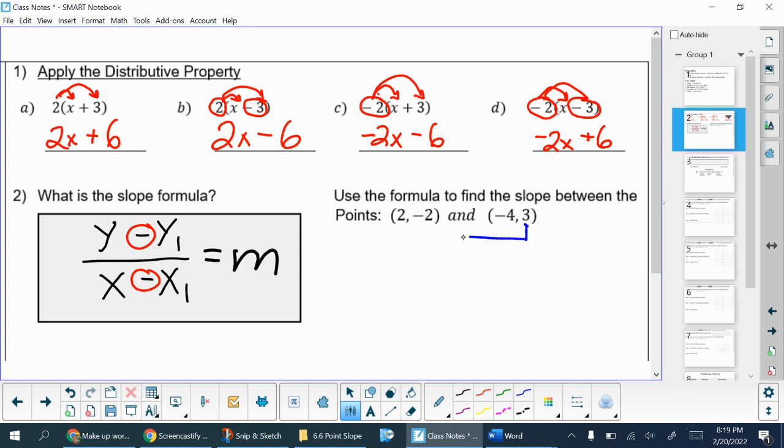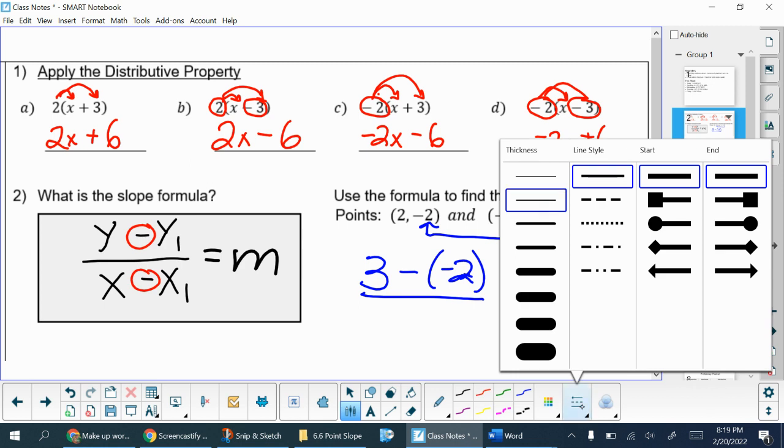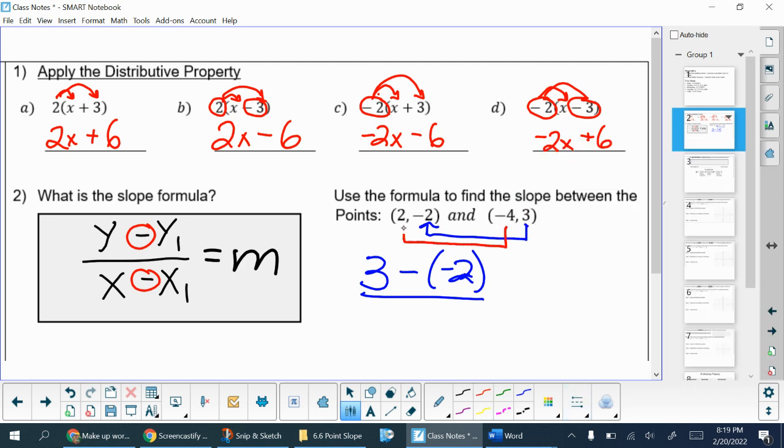So they're starting with 3 to negative 2, and that's the y. So I'm taking 3 minus negative 2. Basically, how far is it from 3 to negative 2? Then on the other side, I'll do this in a different color. For the x's, I'm going from negative 4 to 2. So negative 4 minus positive 2.